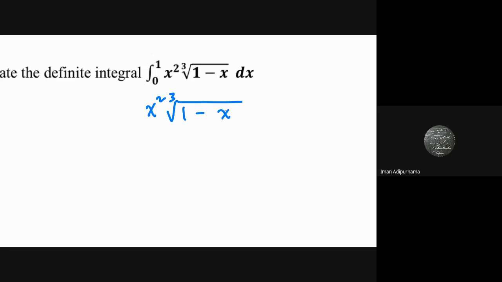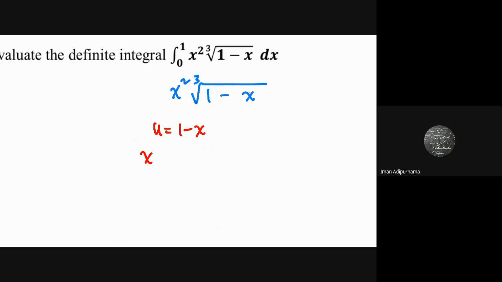The problem is we have the cubic root, but I think the cubic root is not really a problem, right? Well, if you want to solve it through some substitution first, for example, this 1 minus x is u, and then x squared is (1 minus u) squared. And from here you get du is equal to negative dx, so dx is negative du.